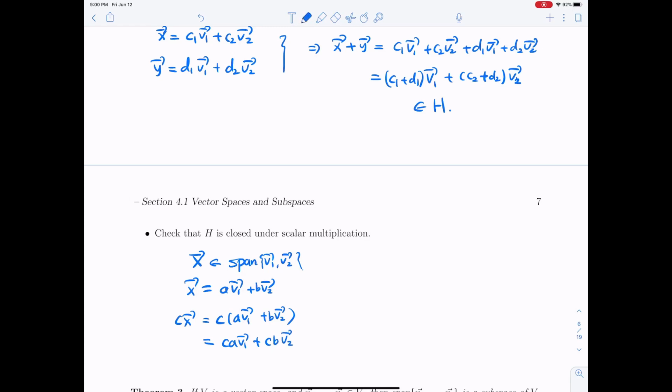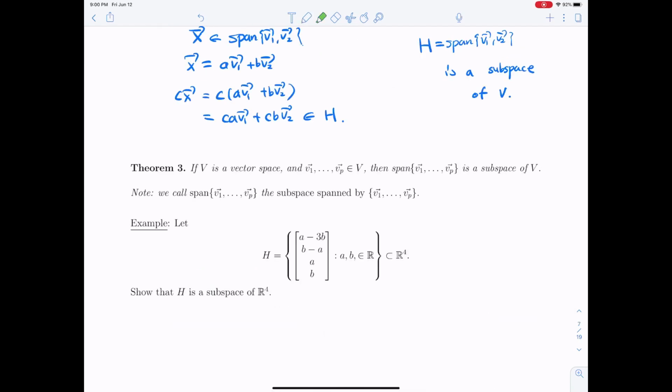And again, it is a linear combination of v1 and v2. Equivalently, cx is an element of H. So for these reasons, H, which is the span of v1 and v2, is a subspace of the given vector space V. So we can generalize this to p number of vectors.